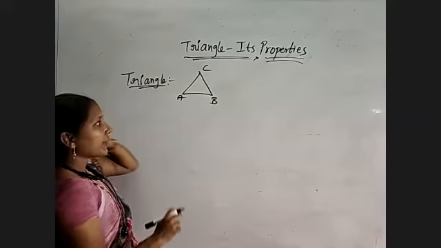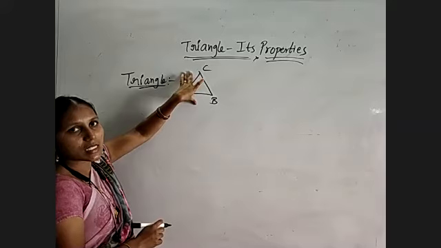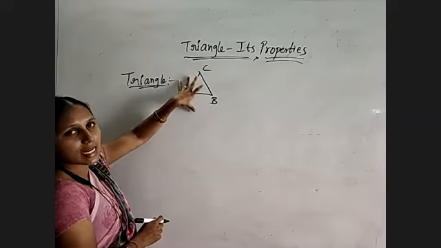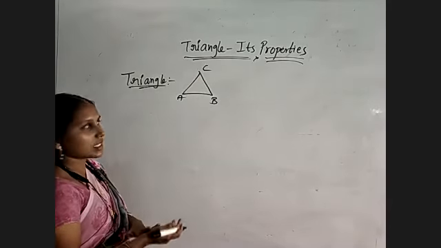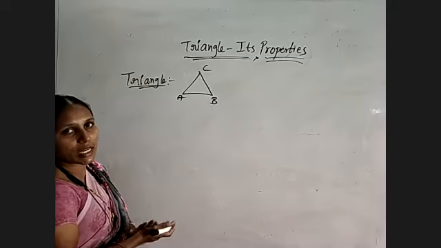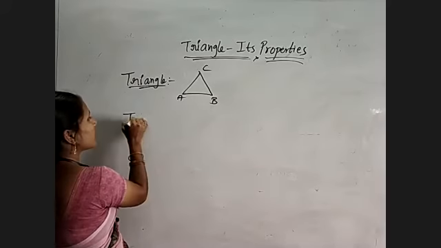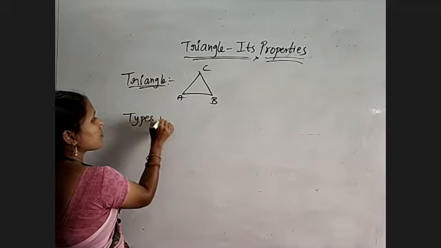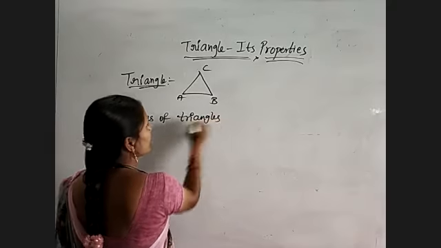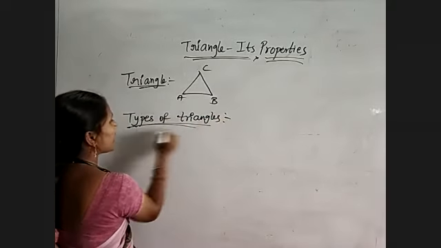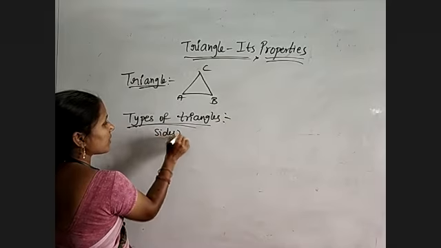And depending on its elements, six elements, those are three sides and three angles, we have three types of triangles depending on sides, and three depending on angles. So we have discussed the types of triangles next. So depending on sides, what are the three types of triangles?